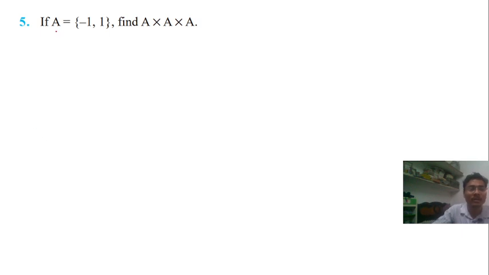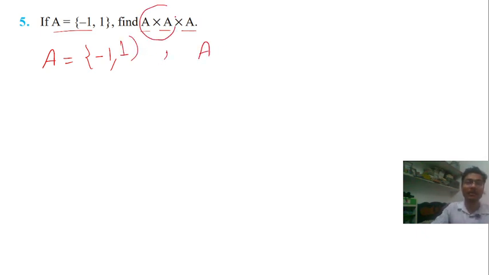Coming to question number 5, if A is this, we will have to find A cross A cross A. So we will first write A 2 times, that is A cross A. We will first find A cross A, then take the Cartesian product with another A. So A is negative 1 and 1.